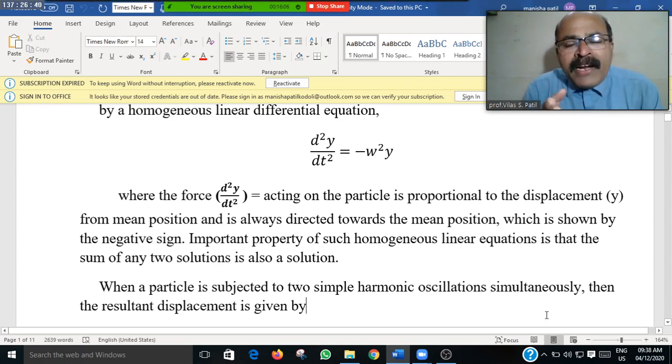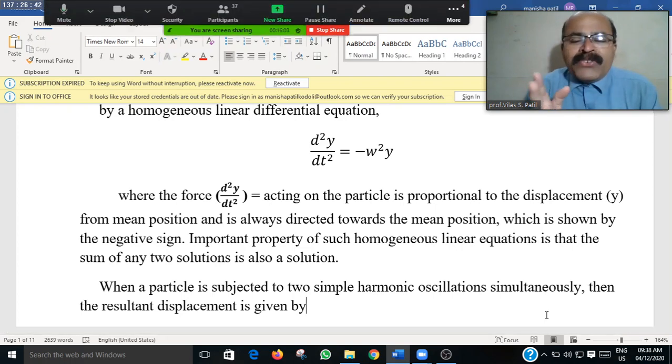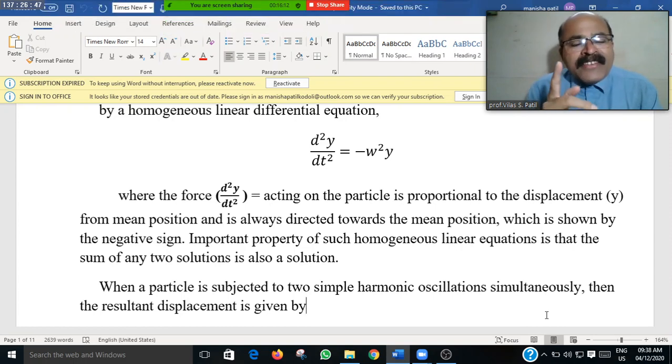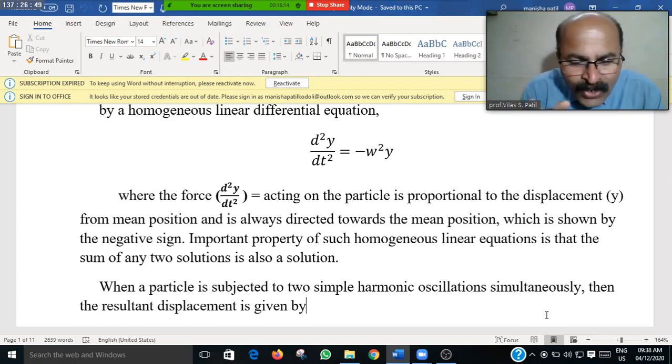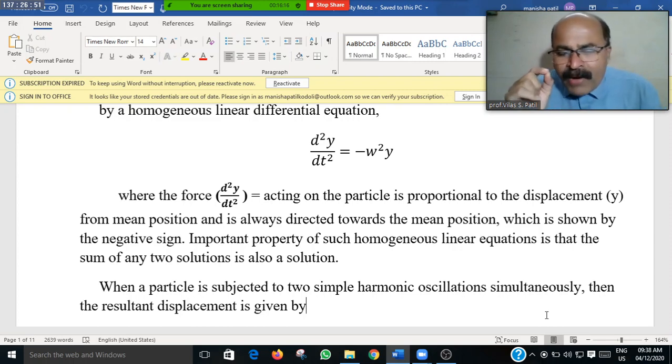That is d2y by dt square is equal to minus omega square into y, where d2y by dt square is the force, and that force acting on the particle is proportional to displacement.